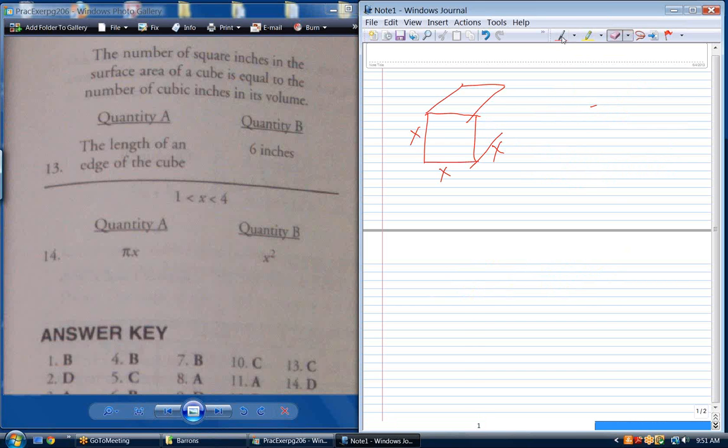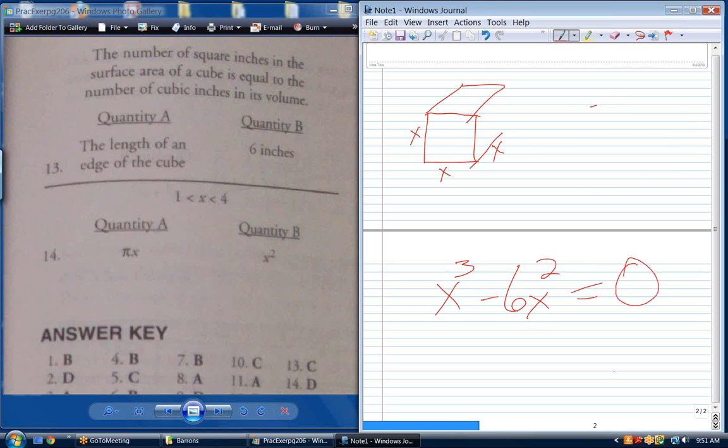The other way to do it would be to subtract 6x squared from both sides and solve that. Now you factor out an x squared and you get x minus 6 times x squared equals 0. So your two solutions are x equals 6 and x equals 0. The only way you find the 0 solution is by solving it this way.